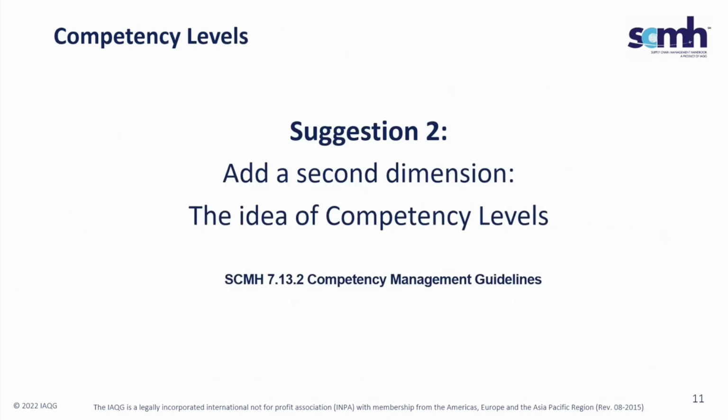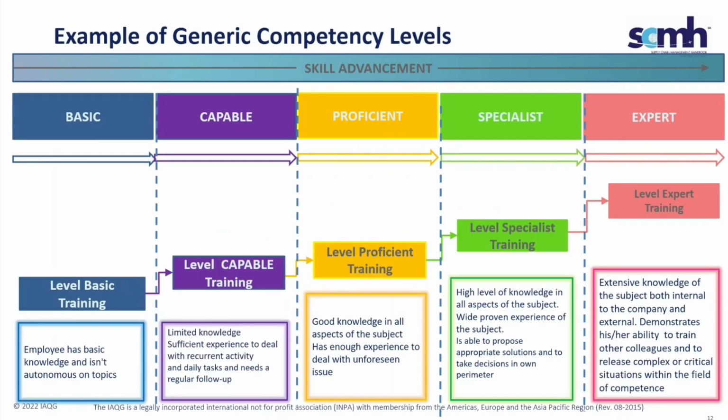The second suggestion is to add a new dimension, the idea of competency levels. The guidance 7.13.2 gives the examples of 5 levels, from basic to expert, and the associated criteria.